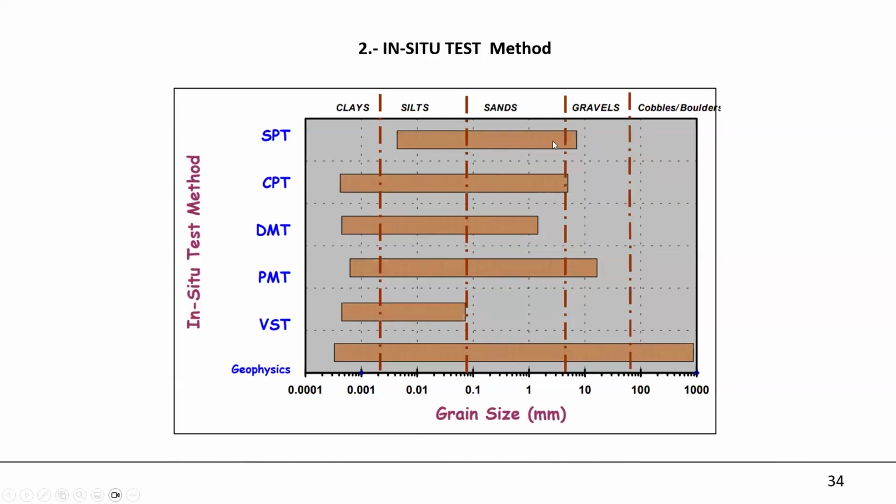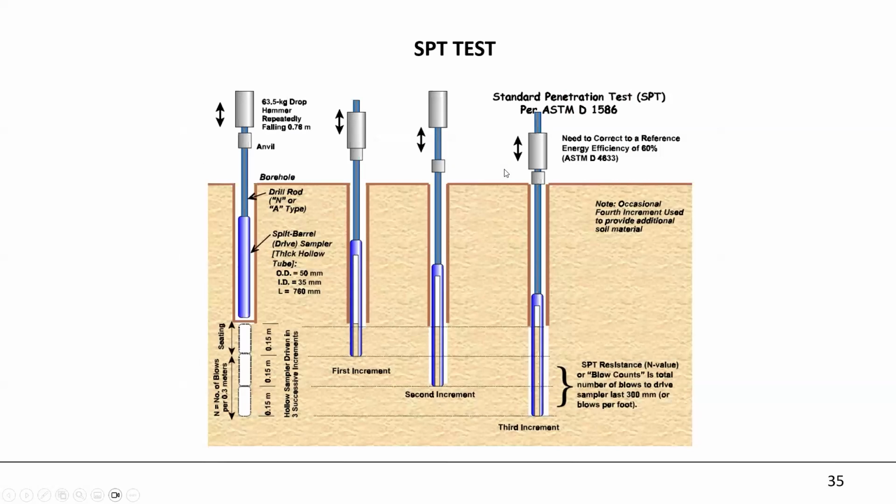SPT is really popular, but it has a limitation when you go into fine soils. The SPT is like this one. You count the blows for the tube, a Raymond tube, and you introduce the sample here, but the sample is not in the same condition, it has a distortion.